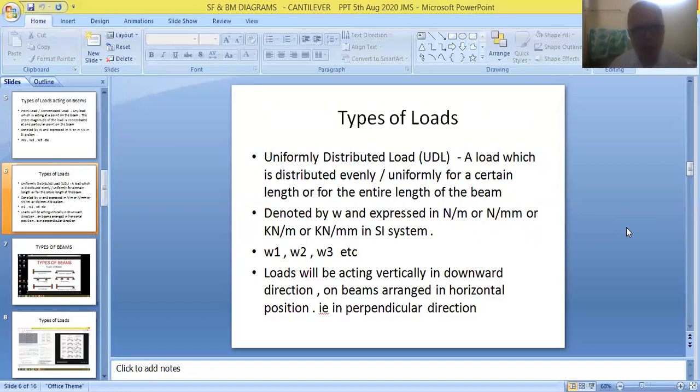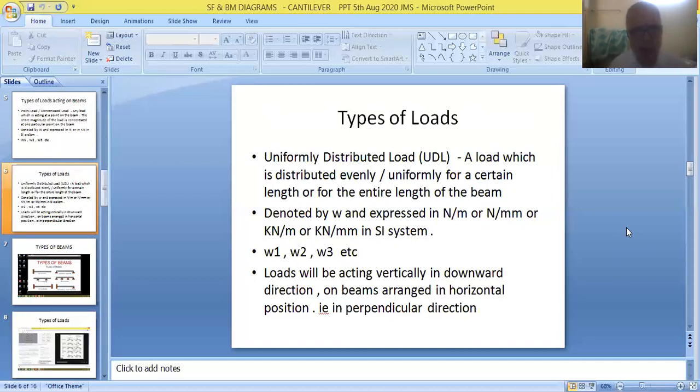So the entire load is distributed uniformly for a certain distance or for the total distance. That's why it is called uniformly distributed. The distribution of load is even, so that's why it is called a uniformly distributed load.